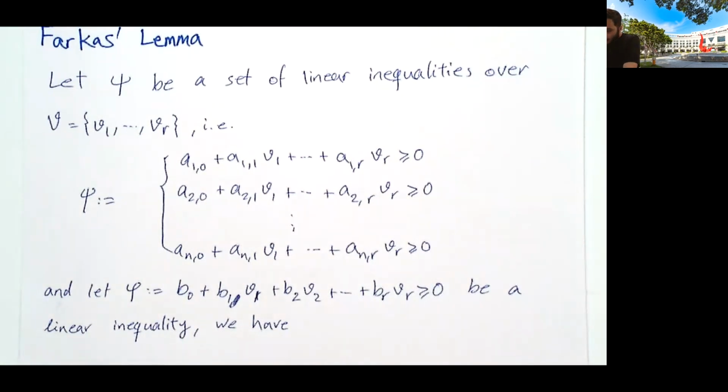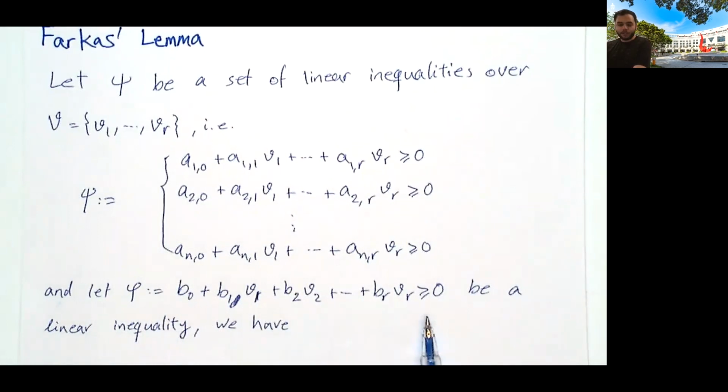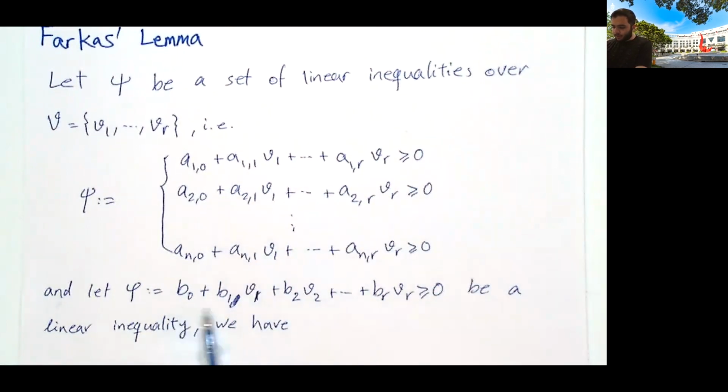So I have a set of n inequalities, and let's say that I have some other inequality which I call phi, and this is B0 plus B1 V1, so on to Br Vr. Okay, so what we are interested in is figuring out whether, assuming these inequalities, we can conclude that this inequality also holds.